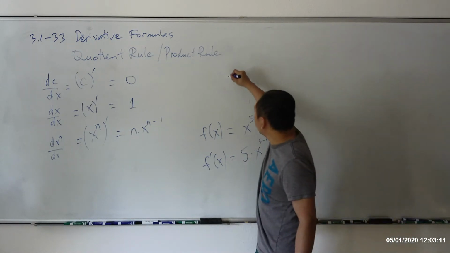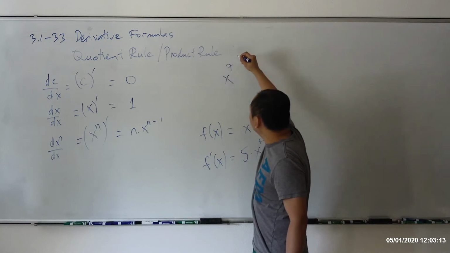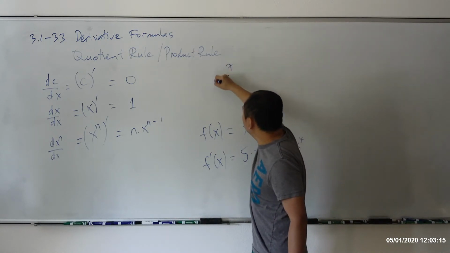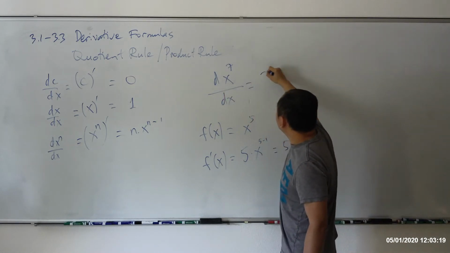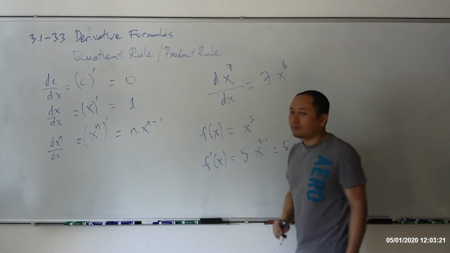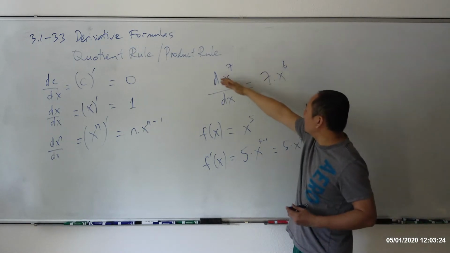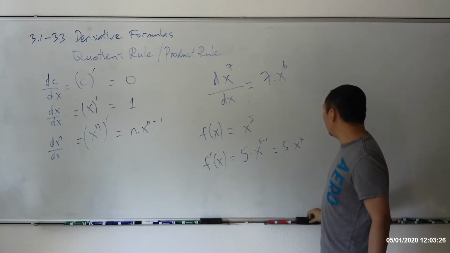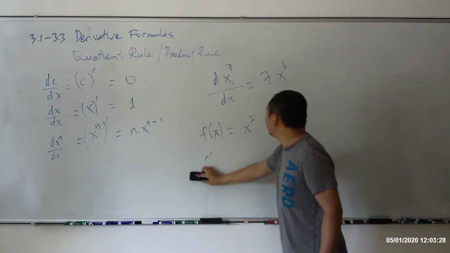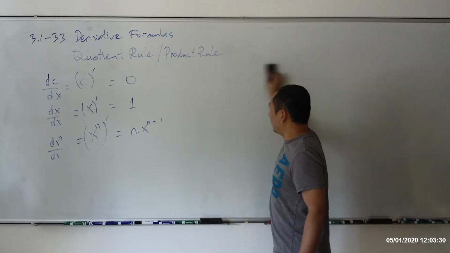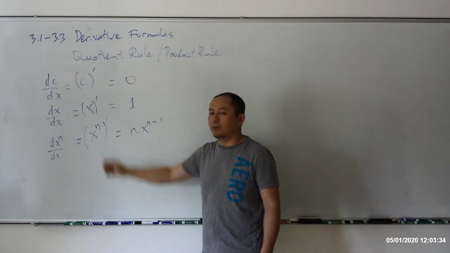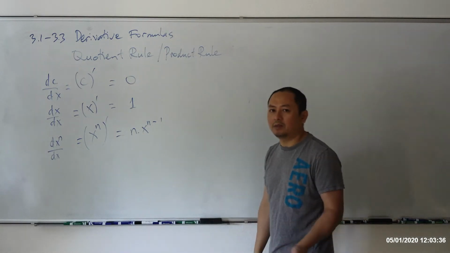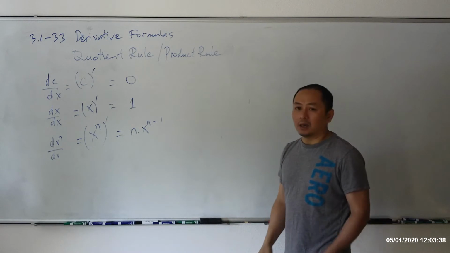How about this? X to the 7th. The derivative of x to the 7th, using the notation here, is going to be 7 times x to the 6th. Okay? I brought the 7 down and I lowered the exponent by 1. And by the way, this formula is true for any kind of number: it could be positive, negative, or a decimal.